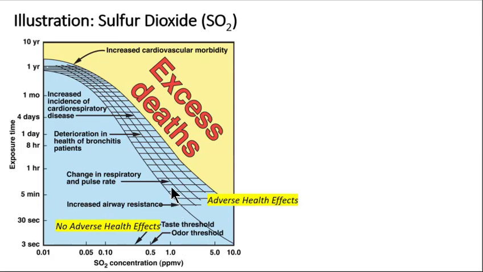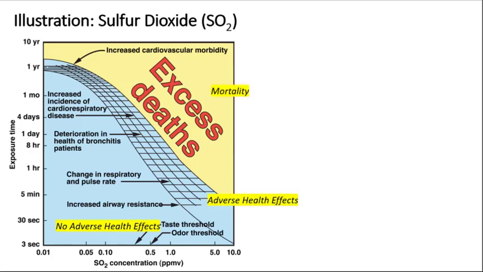Effects then range to chronic effects such as increased cardiorespiratory disease and morbidity. Notice that these effects begin to occur due to longer duration of exposure to smaller concentrations, compared to what we saw for acute health effects.